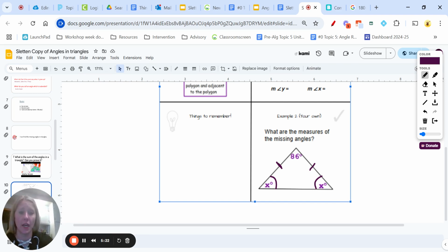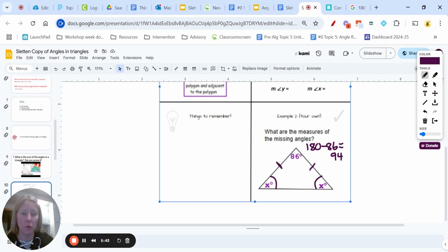So I know x plus 86 has to add up to 180. So I'm going to take out the 86. I'm going to do 180 minus the 86, and we'll see what we're left with. That's 94 degrees. So I know that these two x's together have to equal 94.